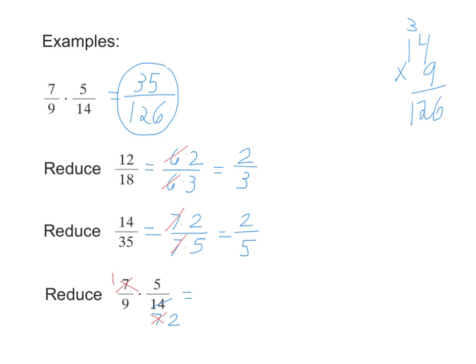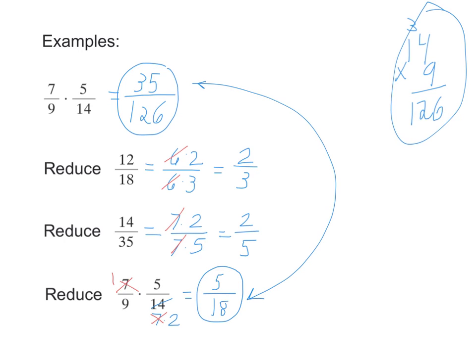Now multiplying across the top, I get 1 times 5 over 9 times 2. These are equivalent fractions, exactly the same value, but this one at the bottom is reduced. It also allowed me to skip all that additional multiplication I did to the side.